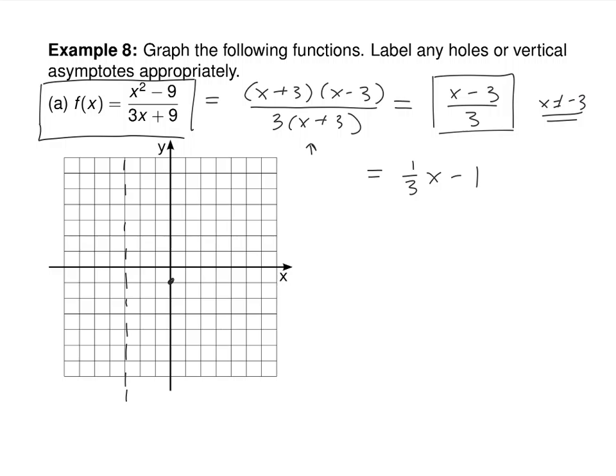You go up 1 over 3, or down 1, backwards 3. And when you cross that vertical line, you leave an open circle because that corresponds to the y value where the x was -3. And that's the one number you can't plug in. This is a line with a hole. Does that make sense? Okay.